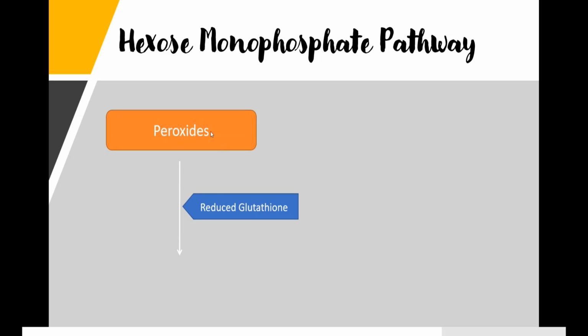So in the presence of peroxides or other oxygen free radicals, reduced glutathione will convert these peroxides into water and oxygen. And these water and oxygen are now harmless to the cell. So that is how the hexose monophosphate pathway prevents the oxidation of hemoglobin.